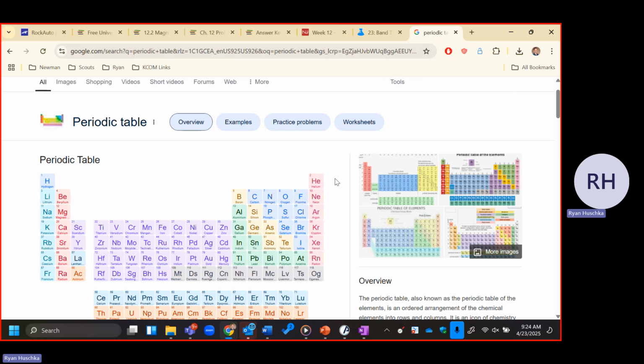How could you put that into words? Why might mercury be a liquid at room temperature? Correct. And therefore you have a much lower melting point, a melting point that is below room temperature.